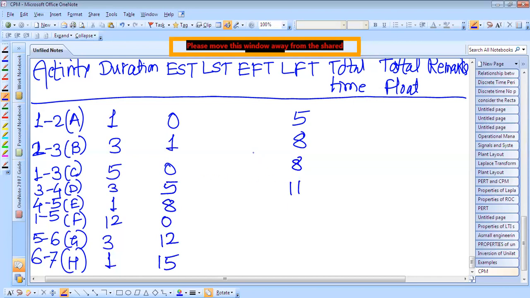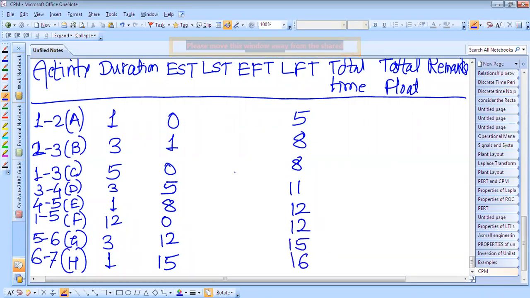This 5, 11, 8, 12, 12, 15 and 16. So I am directly also writing the earliest start time and the earliest finish time. How can you calculate this earliest start time? We already calculated this for one example.